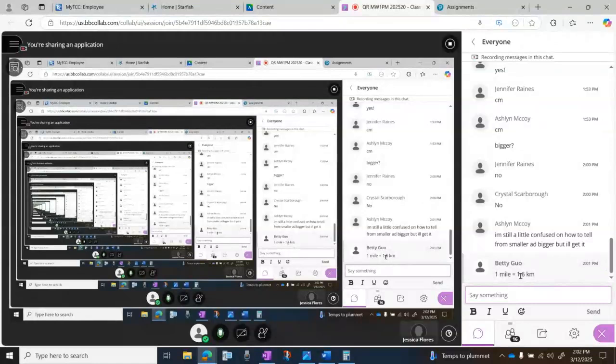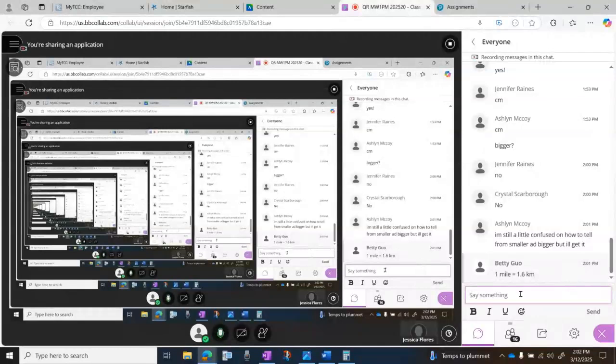Since it says 1.6 kilometers make 1 mile, do you agree 1 mile is actually a lot longer than 1 kilometer? In fact, 1 mile is 1.6 times longer than 1 kilometer.